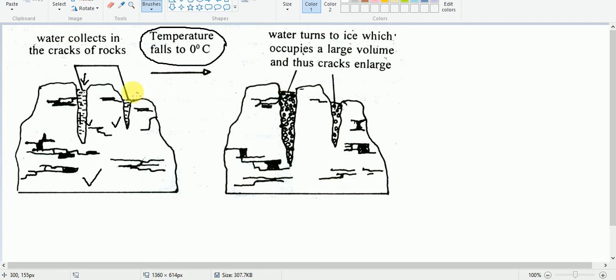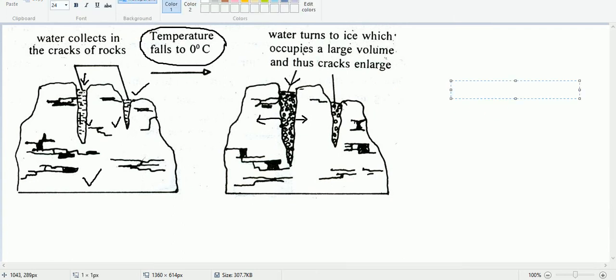The water here will be frozen, and we know that when the water is frozen the volume is expanded, and because of that the expansion process will exert a great force on the wall of the rock. The force is said to be 150 kg per square centimeter.